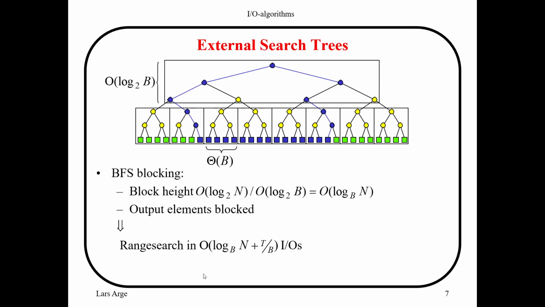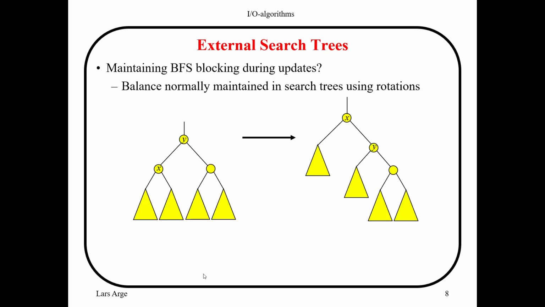The only thing we have not solved is the dynamic case, because typically search trees are most useful when we can insert or delete elements to or from them. In internal memory, for example, this is done using operations such as rotation.